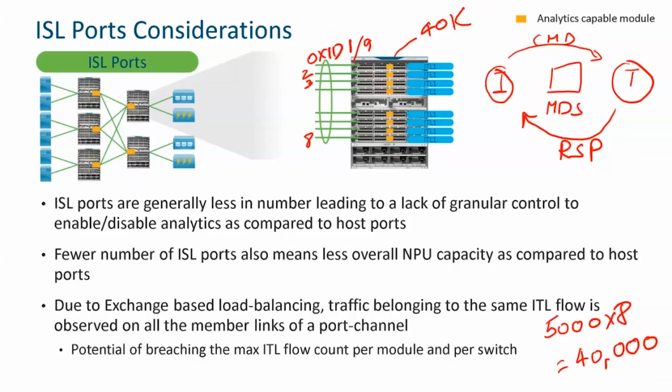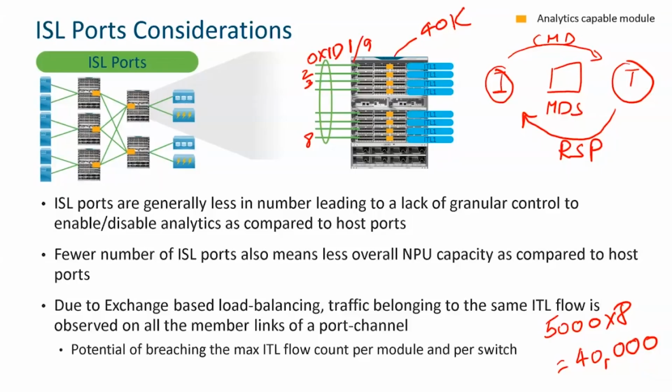So the 5,000 flows could be from all the ISLs, essentially? Yes, every new exchange will take a new wire or a new link. We know that.